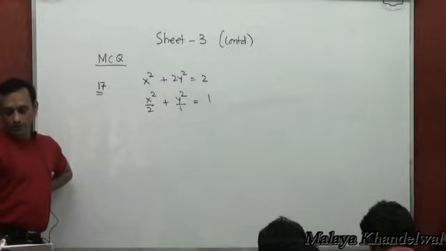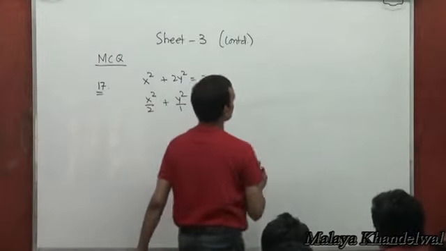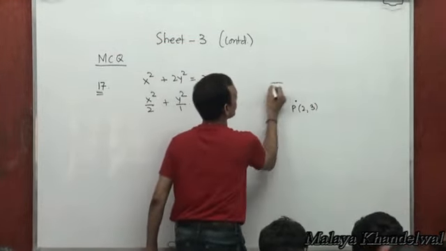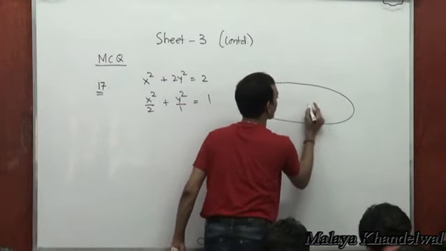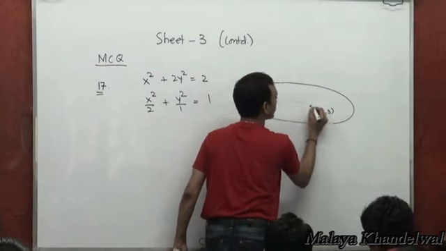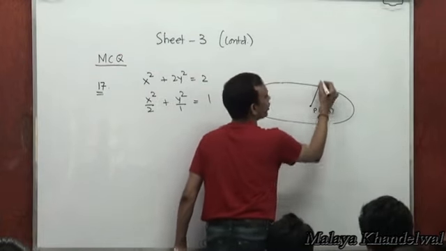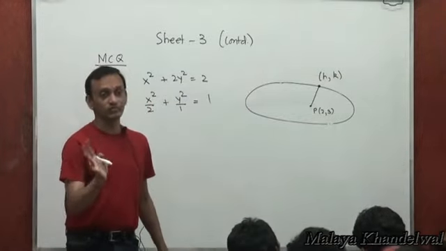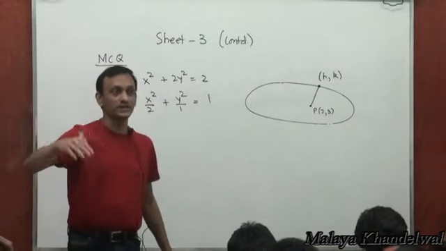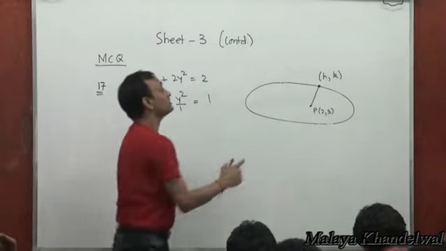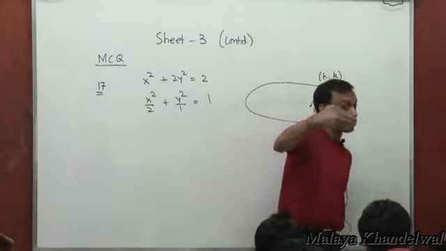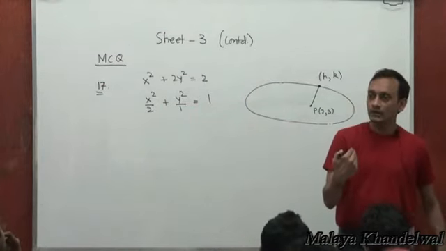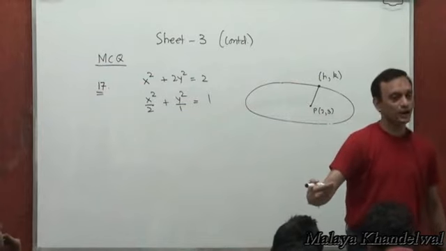Then the co-normal points on the curve: let's say from the point P, which is 2, 3, we are drawing normals at h, k. In general, there would be 4 hk's from the point P, right? We need to connect h and k. These hk's would be the co-normal points. The locus of the 4 co-normal points would be obtained when I connect h and k and then generalize the same, replacing h by x and k by y.